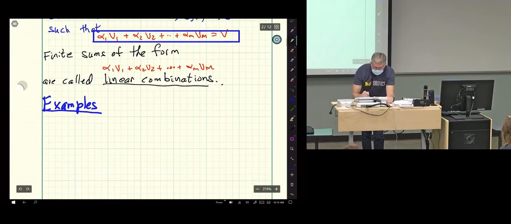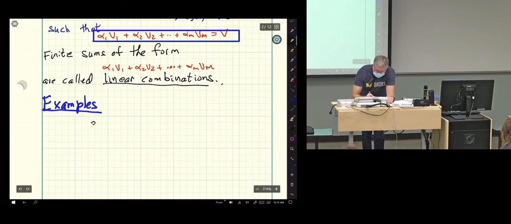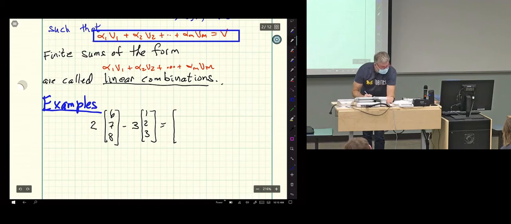Okay. If I take 2 times 6, 7, 8, minus 3 times the stunningly original vector 1, 2, 3, if you do the math, you get the vector 9, 8, 7.